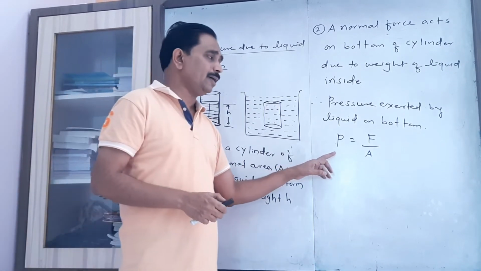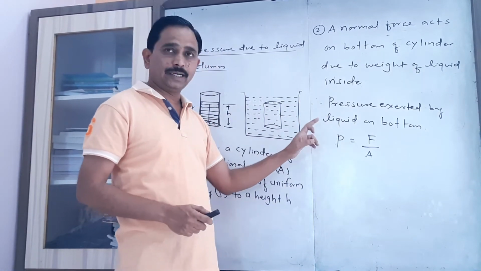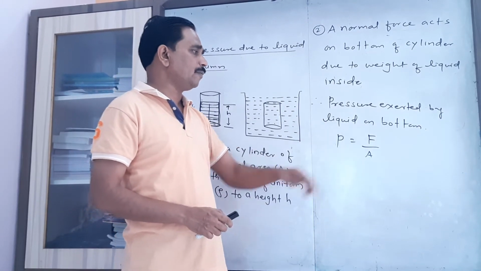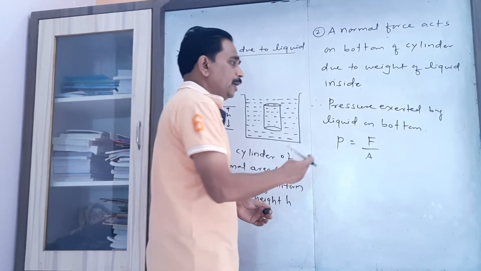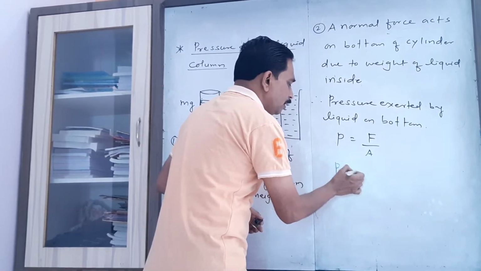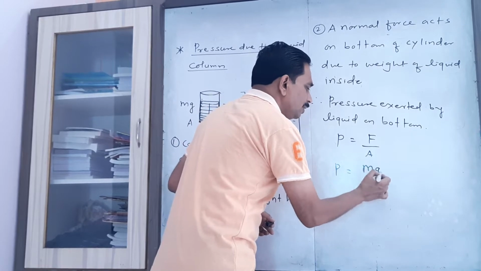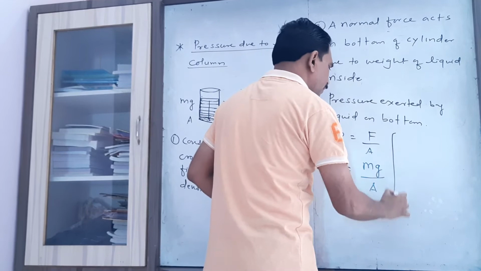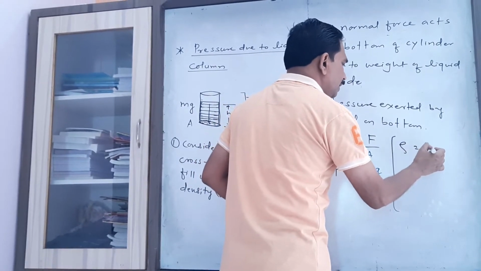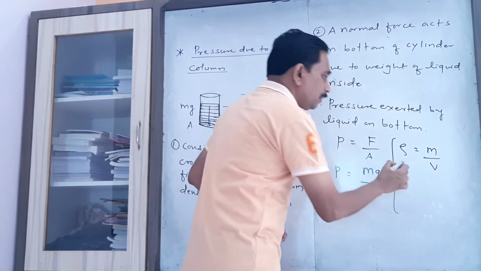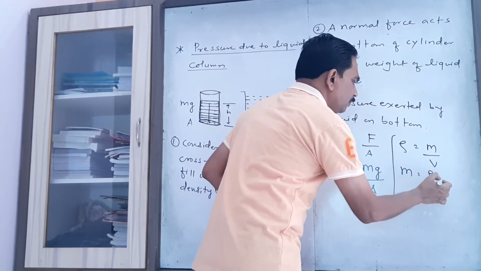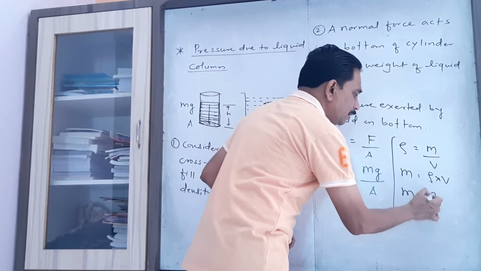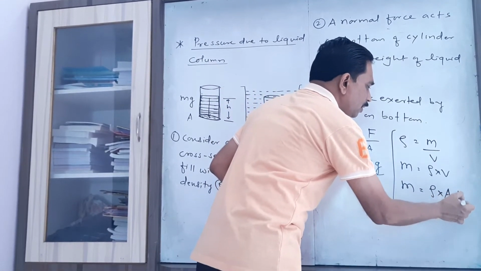So use the formula for pressure exerted by the liquid on the bottom. It is given by P equal to F upon A. Now here force is equal to what? The weight, that is mg upon A. Now you have to put the value of m from the formula: density equals mass upon volume, therefore mass equals density into volume. Now put the volume of the cylinder, that is area into height.